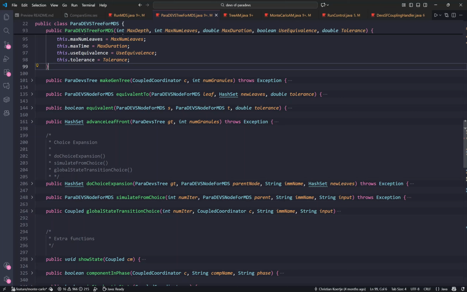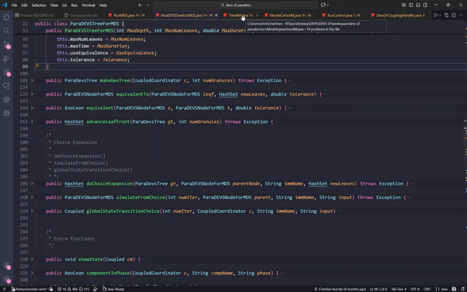And then the equivalence is done so that the growth of the tree is reduced from exponential growth to something more manageable, like polynomial or linear, depending on the system. And then there are some implementation details shown in the global state transition and so forth.